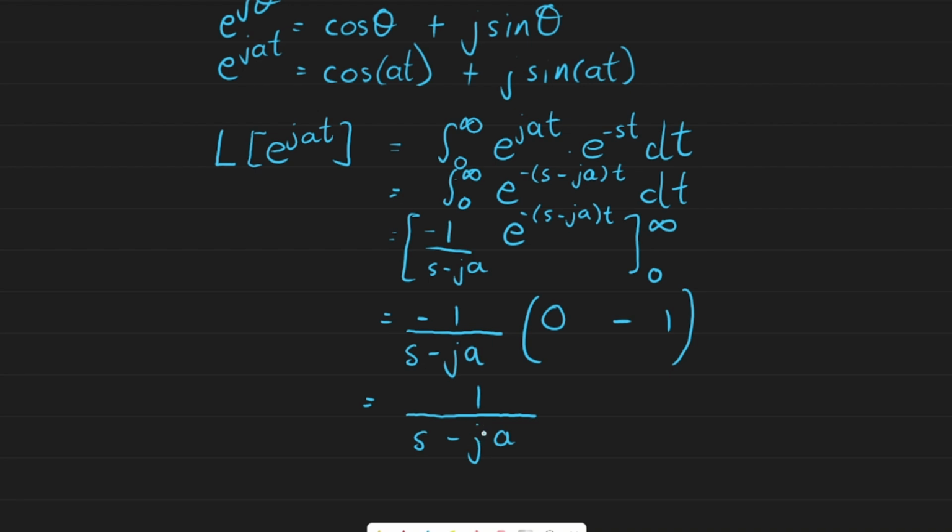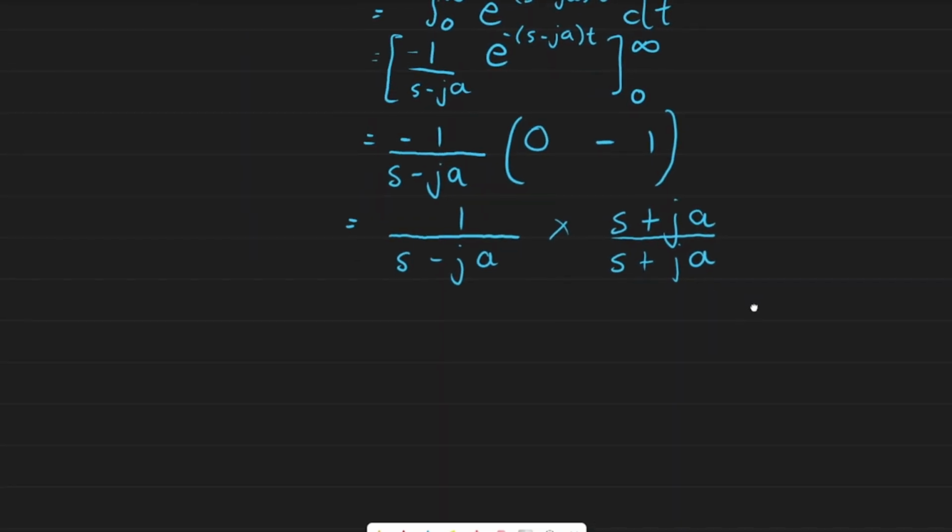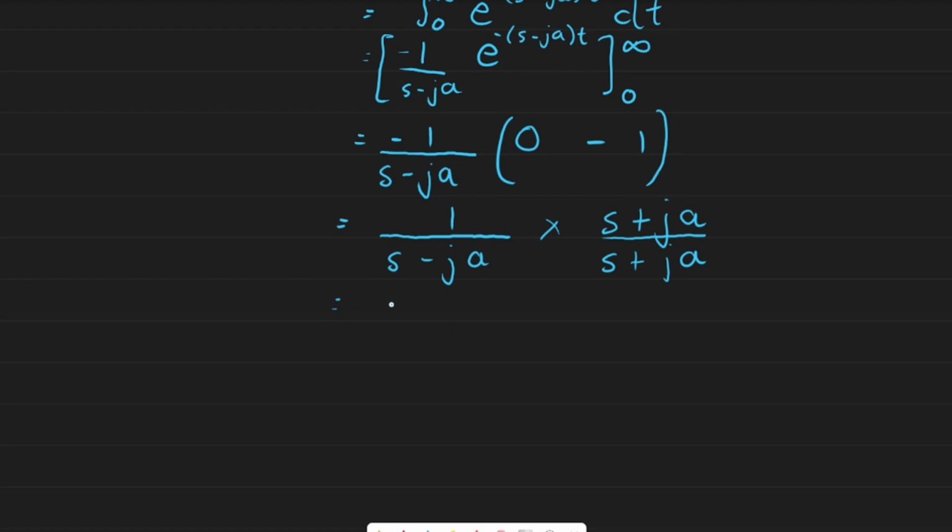So what I'm going to do is get rid of the j in the denominator, and I have to multiply by its conjugate to do that, rationalizing the denominator as they call it. So I multiply by s plus ja, both the numerator and the denominator. When I do that, I get s plus ja in the numerator, and multiplying out the denominator, s times s gives me s squared.